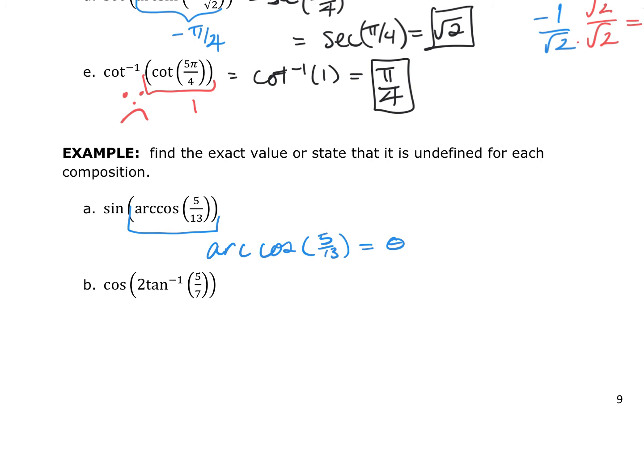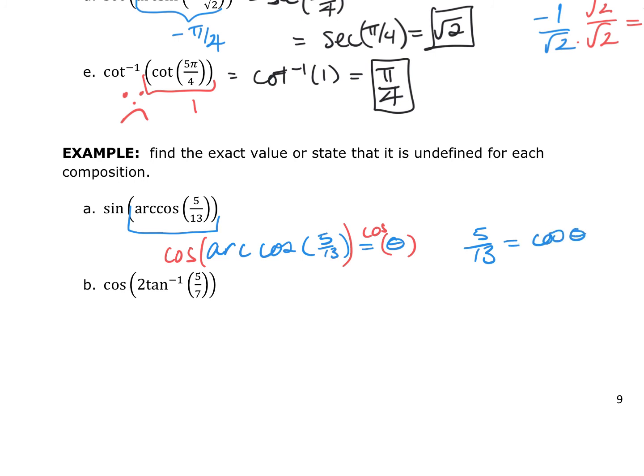That's true. So if I take the cosine of both sides, I'm going to end up with 5 over 13 is equal to the cosine of my angle.